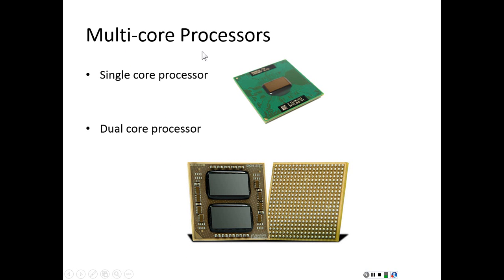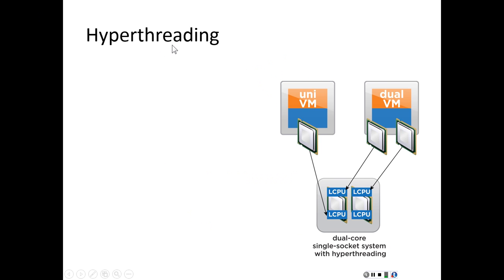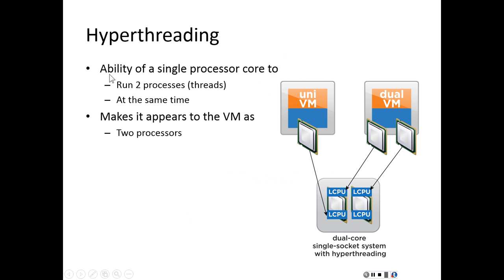And then multi-core processors. It used to be that they just had single-core processors, but now most computers have dual-core, if not quad-core processors. It just means you have two or more processors on one die, which of course gives more processing power. And then hyper-threading is the ability of a single processor core to run two programs or two threads at the same time, and thus it appears to a virtual machine as if there are two processors.